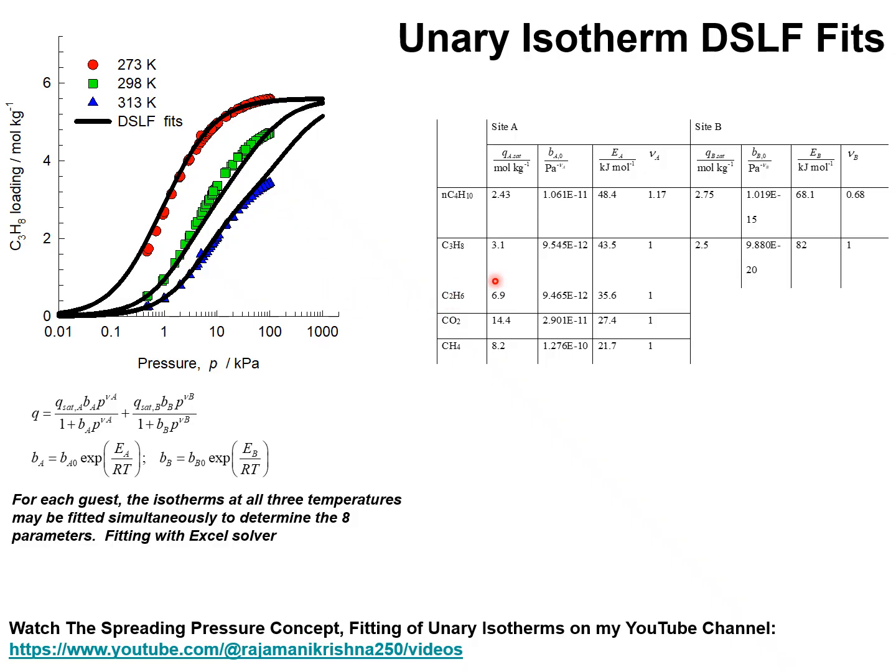The DSLF parameters for each guest, say for butane and propane, require the fitting of 4 different parameters, and these parameters are determined simultaneously by regressing all available data points at the 3 different temperatures.